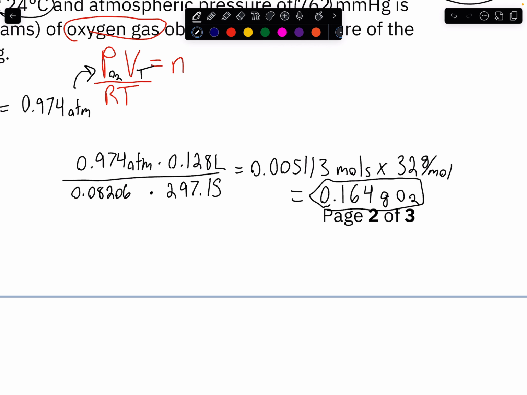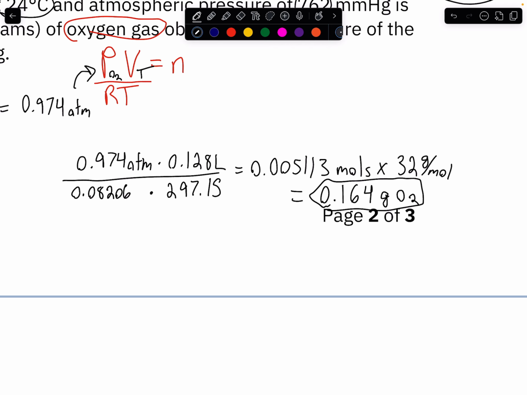If you don't have the correct volume of O2, depending on the level of precision desired, you can get away with using the 1.28 milliliters as the volume for this problem. I believe that this explanation is not the right one that I would use.